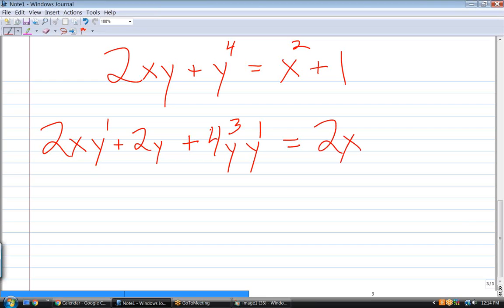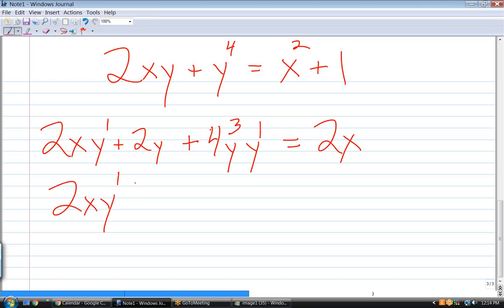Hold on. Think algebra. Think gathering like terms and putting everything else on the other side of the equation. You divide by? Not yet. Let's gather all of our y prime terms. So you could subtract 2y.